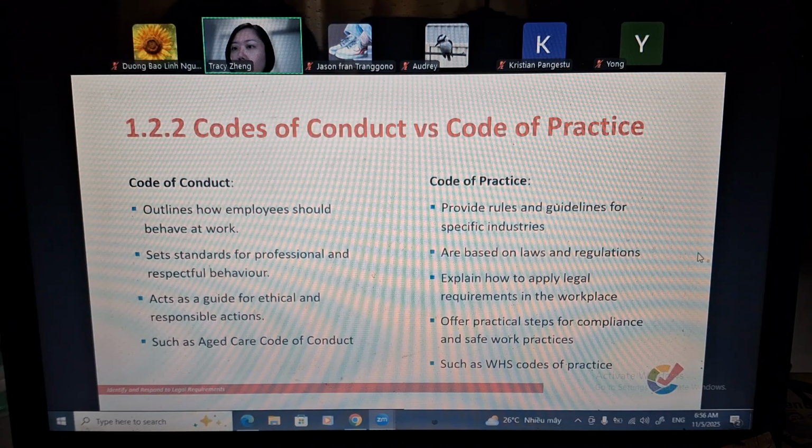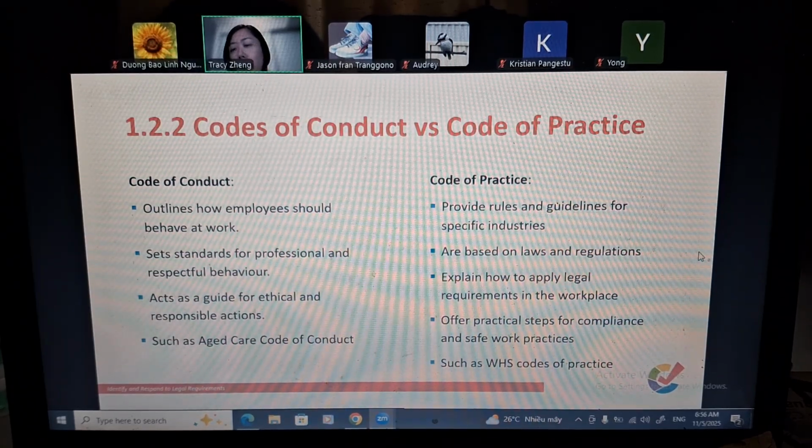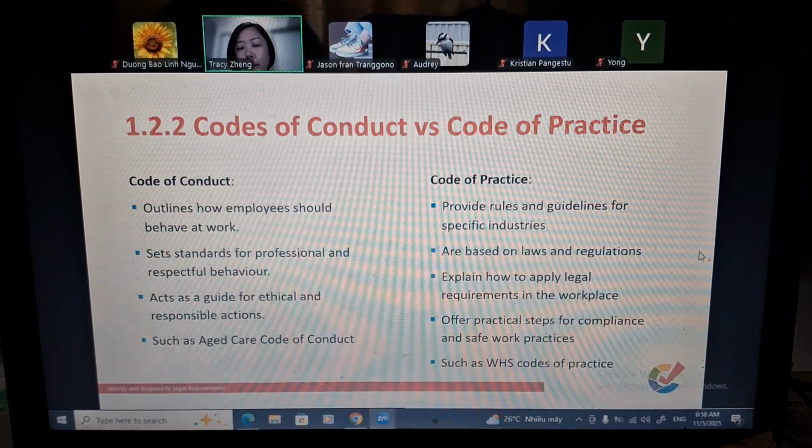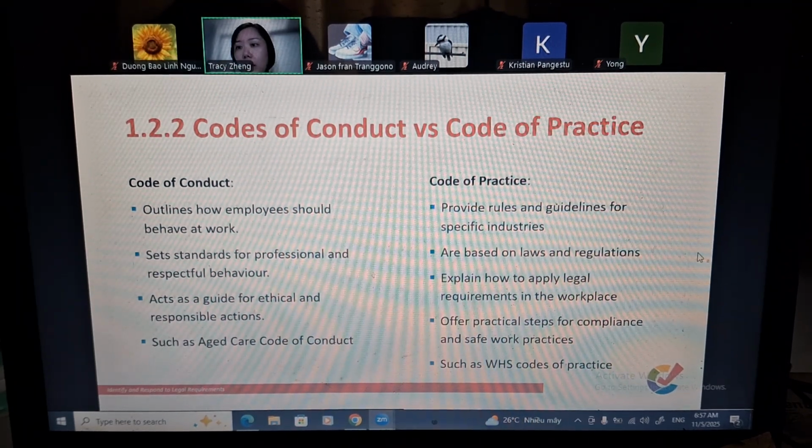We have one of the units that specifically goes through everything about work health and safety in our workplace. It applies to every industry in Australia. It not only applies to aged care or disability; every workplace, every industry must follow this legislation.